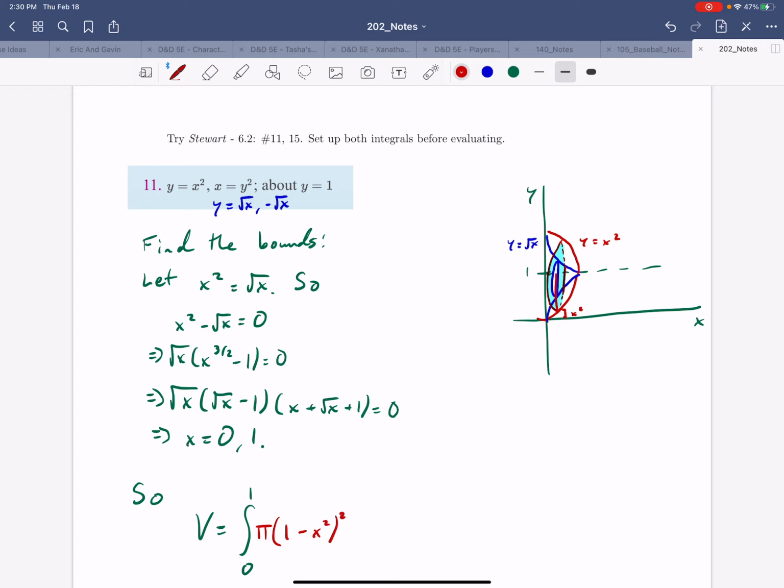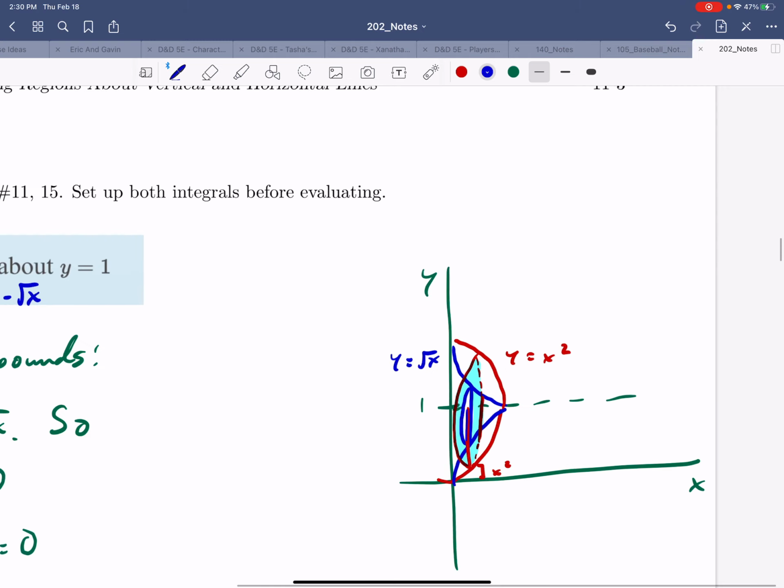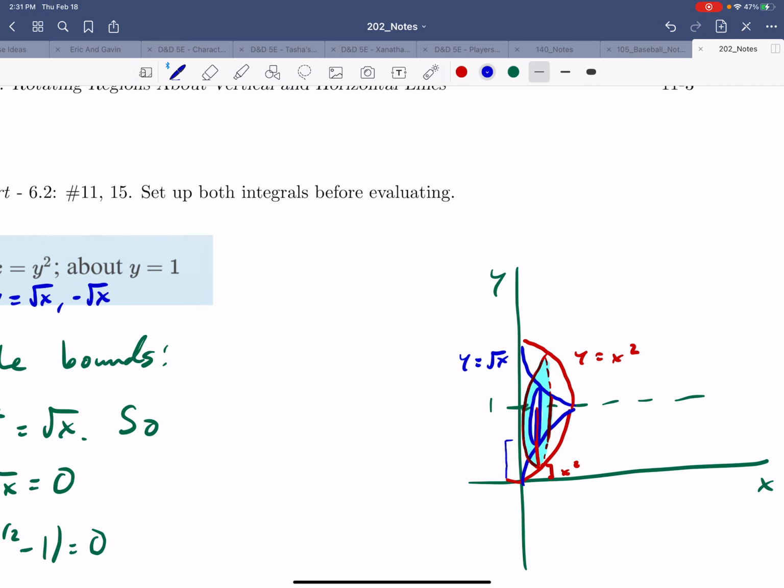Minus pi times, and you might imagine this will be a similar deal, what's this distance? The radius of that small, thin blue circle? Well, it looks to me like it's 1 minus this distance, which is the square root of x.